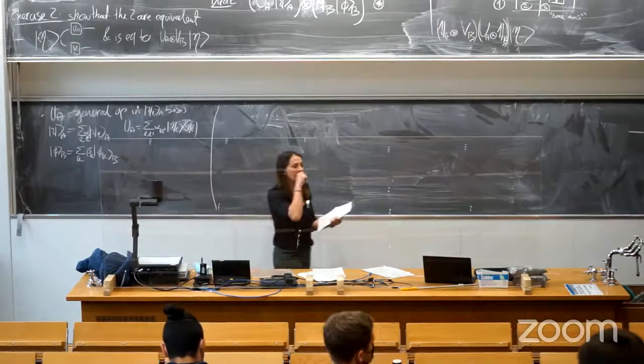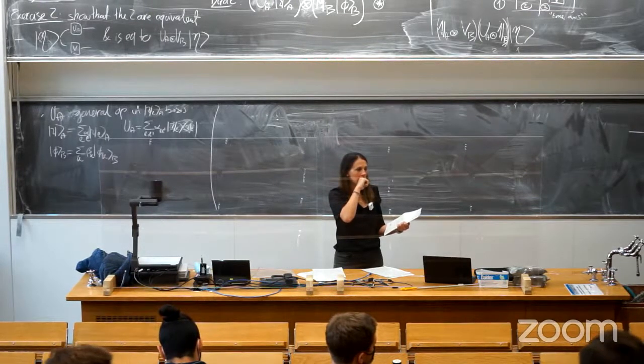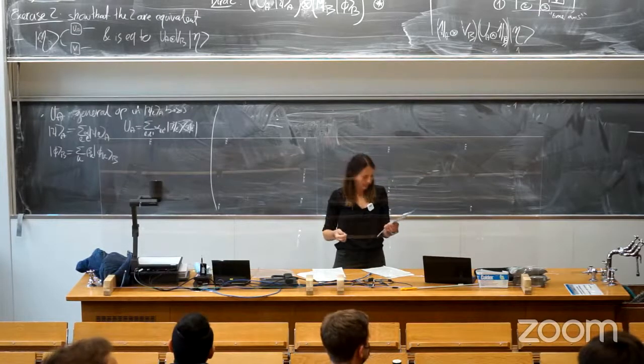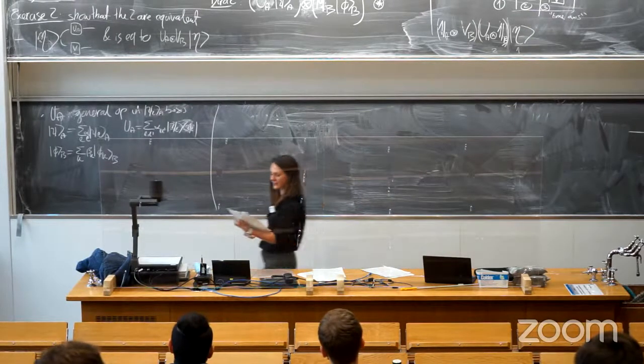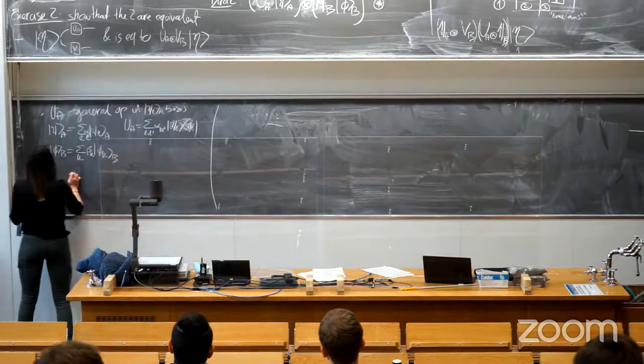Would we also, we don't know that eta is a product state, right? No, so we would also have to sum over the basis. Exactly. Eta is the general form you saw in the lecture also.